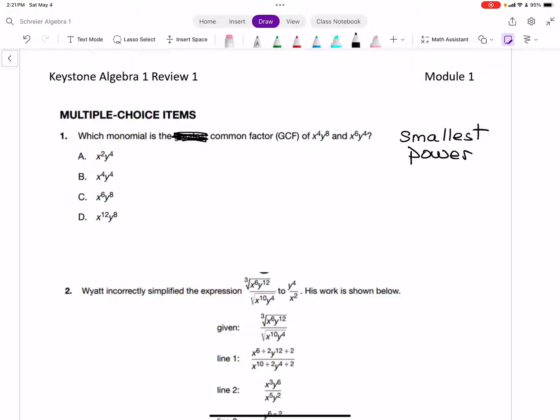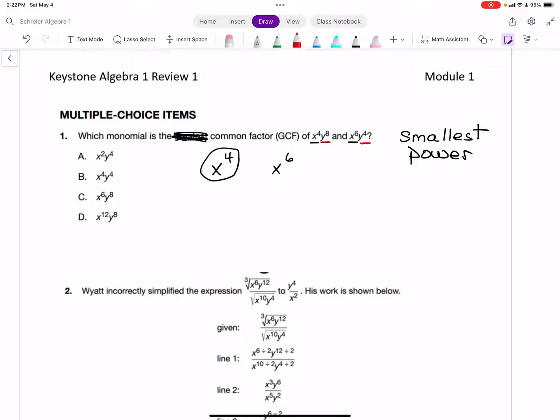So let's look at the powers of x. We have two powers of x here in the two expressions, x to the 4th power and x to the 6th power. We want to pick the smaller of the two powers. So this is 4 factors of x, the smaller of the two powers. We certainly want our answer to have x to the 4th in it. Let's look at the y.